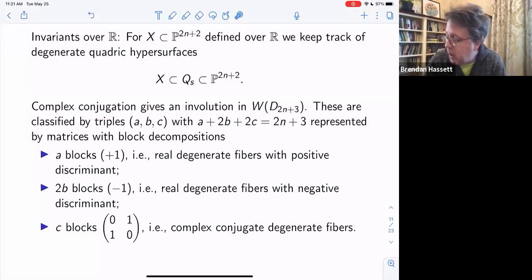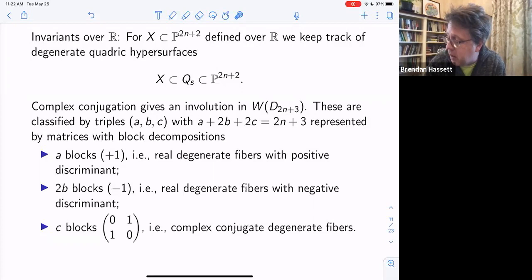This is a way of getting a topological invariant of a real complete intersection of even dimension just by recording these numbers. These are maybe the most obvious invariants, at least from a representation theoretic perspective. They come from looking at conjugacy classes of the Weyl group.